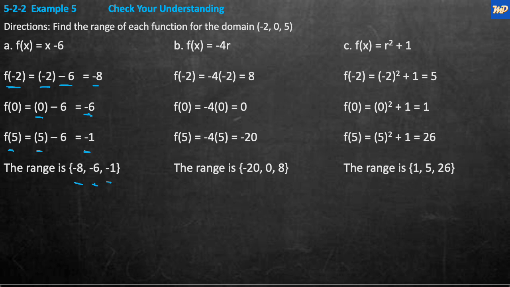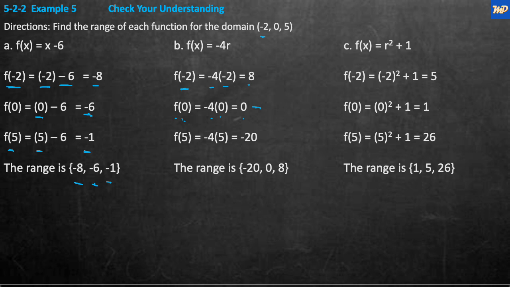So f of x equals -4x. So f of -2 is our first value. f of -2 is equal to -4 times -2, which is 8. Then we have f of 0, which is equal to -4 times 0, which is 0. And f of 5 is -4 times 5, which is -20.